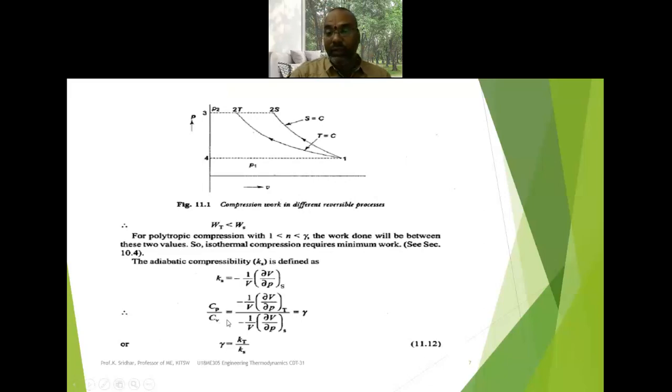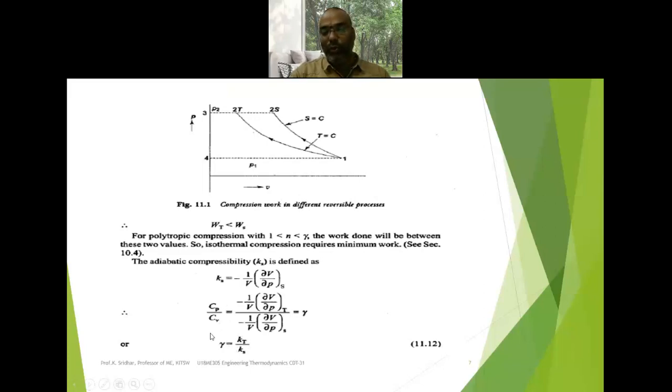So Cp by Cv is equivalent to gamma, that is the ratio of heat capacities, where gamma is equivalent to Kt by Ks. So Kt is nothing but the isothermal compressibility factor and Ks is nothing but the adiabatic compressibility factor. So here is a very important relationship among the adiabatic index, adiabatic compressibility factor and isothermal compressibility factor, which we are able to derive from this equation.